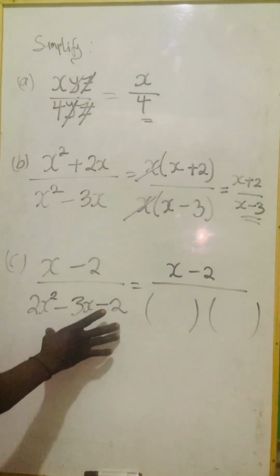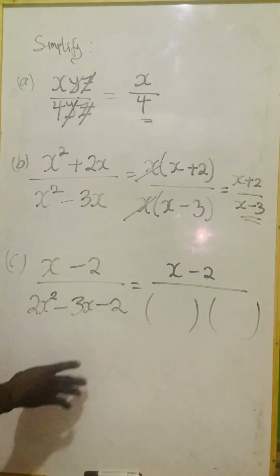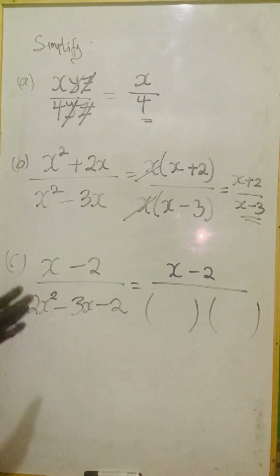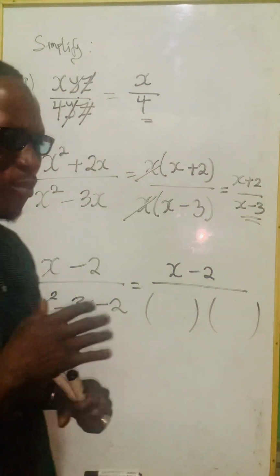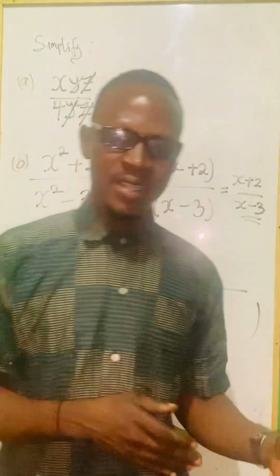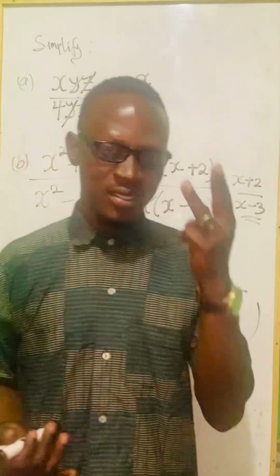This is more or less a quadratic equation, and for us to find the factors, I think we have already solved many questions like this. Like I said earlier, you multiply the coefficient of x squared by the constant c, and then you find the product.